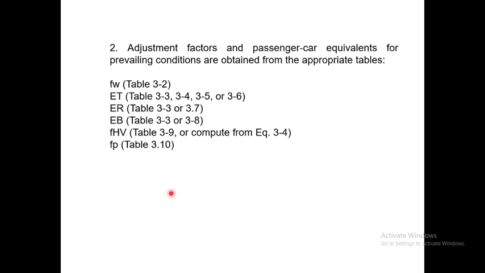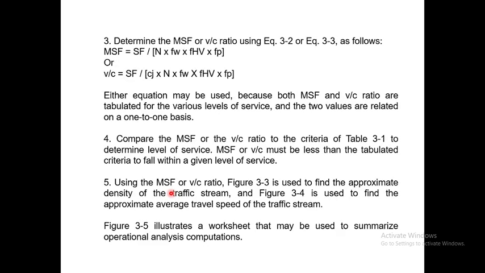You can use one table to find the factor for population. And the challenging one was the factor for heavy vehicle. Okay, then you have to determine the MSF. But MSF is related to one specific level of service.